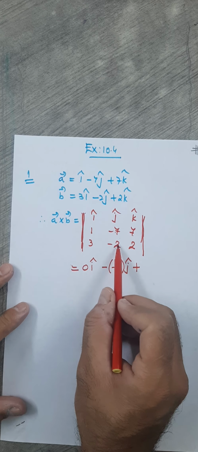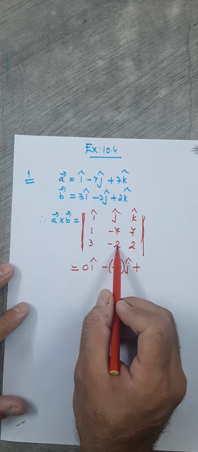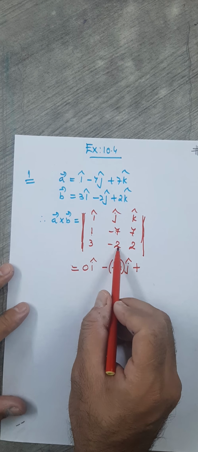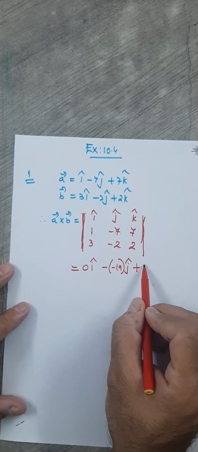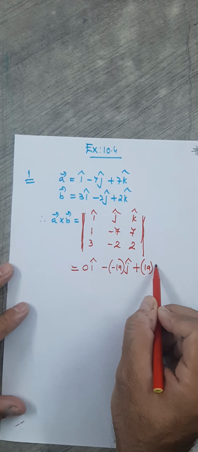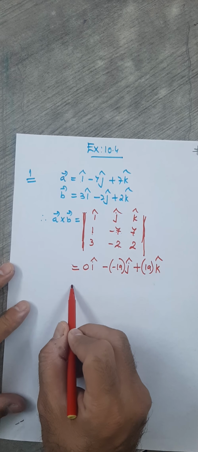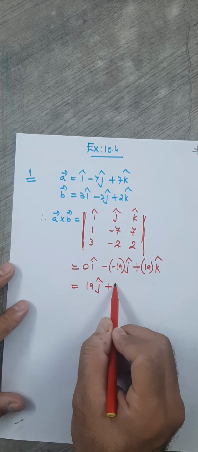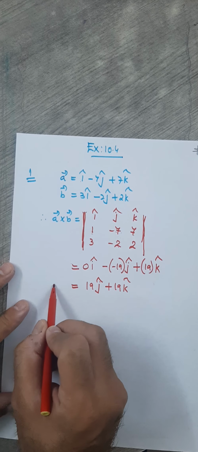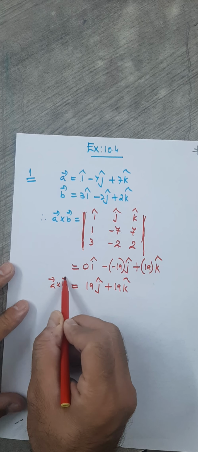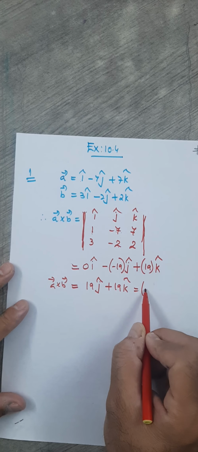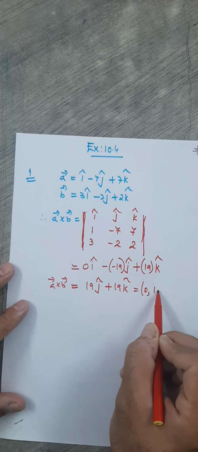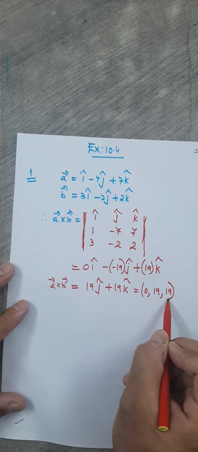Here minus 2 plus 21, so this is plus 19 k cap. So you are getting 0 i cap plus 19 j cap plus 19 k cap. This is their cross product. This is a vector. If you want to write in terms of scalars, 0, 19, 19, remember.